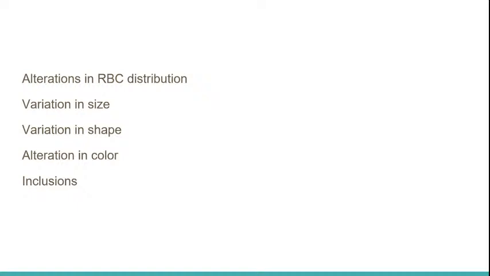So these are things that you need to take into consideration. Inclusion bodies, you could say Howell-Jolly bodies. Other notable inclusion bodies can be parasites. So those are the things that we need to take into consideration when we're looking at blood smears.